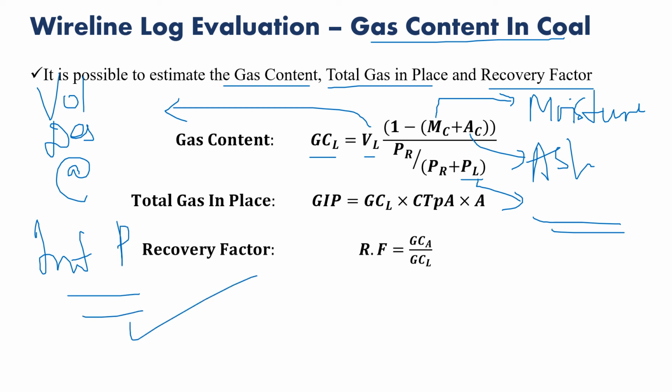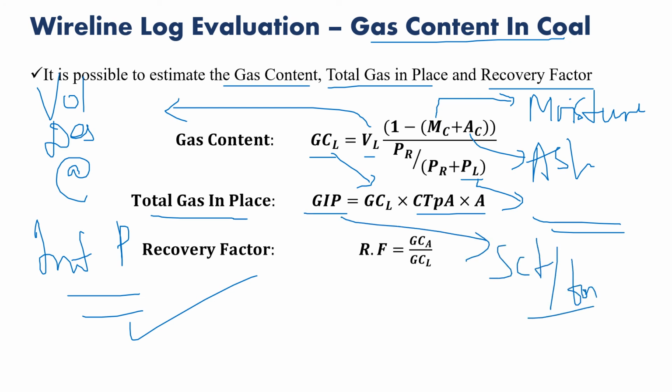Okay, next, total gas in place GIP is equal to this GCl into coal tonnage per acre into area. So since it is per acre, the area cancels out, and we get the gas in place in SCF per ton, right? Recovery factor.